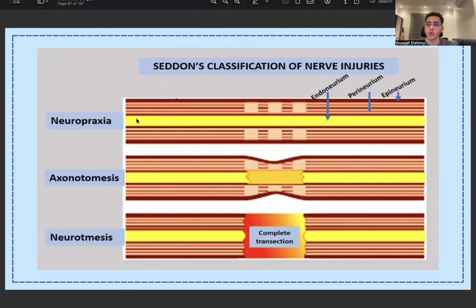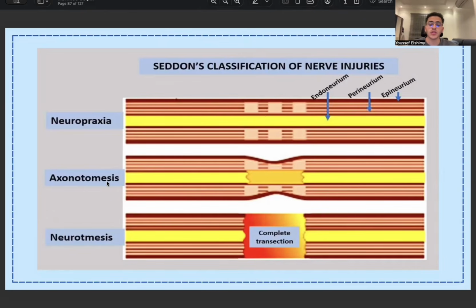And sometimes it might also cause pain, especially in fractures. Whenever there's a fracture, there's sometimes a stretch of the nerve, or neuropraxia, and this is the reason why it causes pain. All layers are intact. It's just that the nerve is being stretched. Nothing else is happening, just stretch.